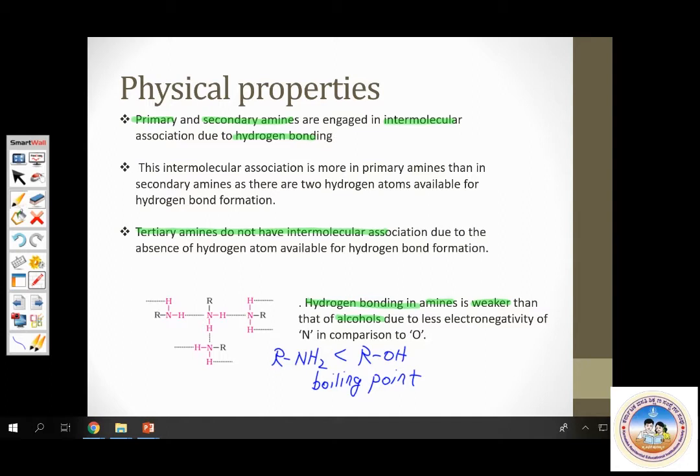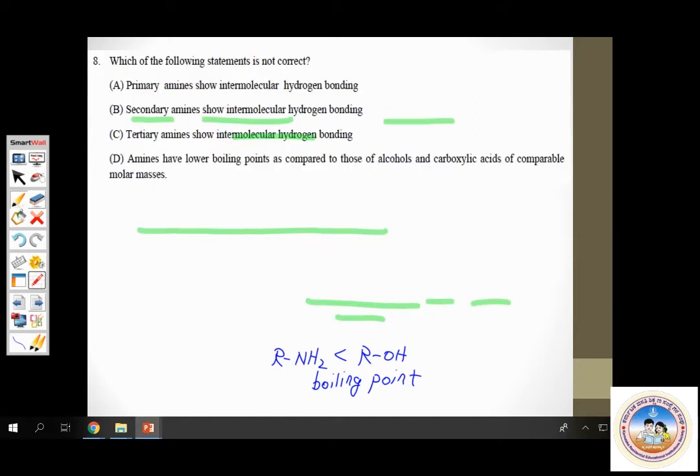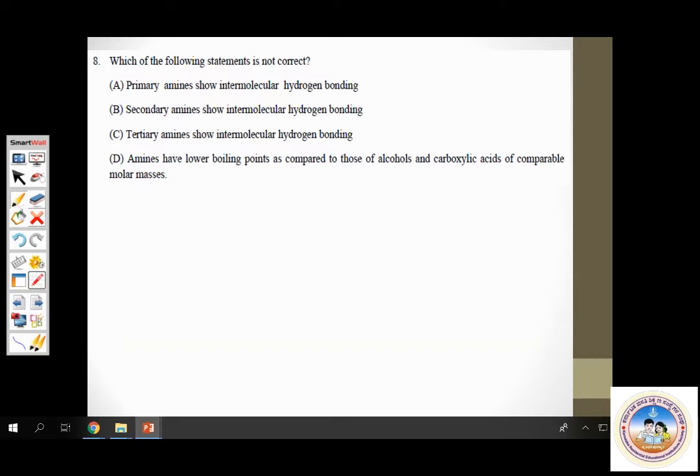Now proceeding further. Okay, there is one question on physical property. Which of the following statements is not correct? Okay, so let's verify one by one. Primary amines show intermolecular hydrogen bonding is correct, no doubt. Secondary amines show intermolecular hydrogen bonding is also right.